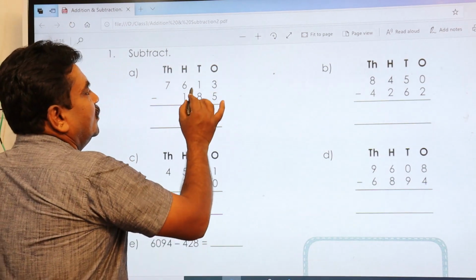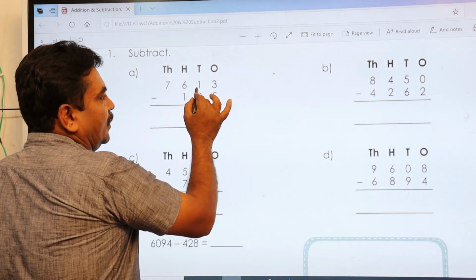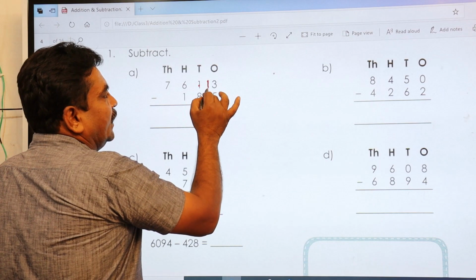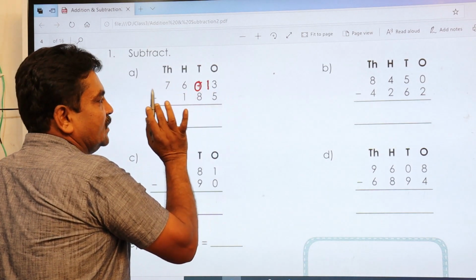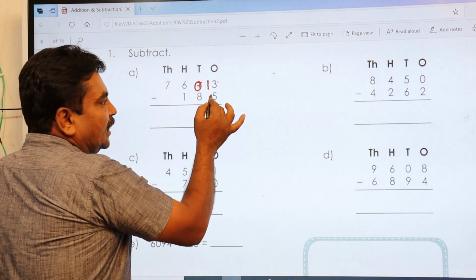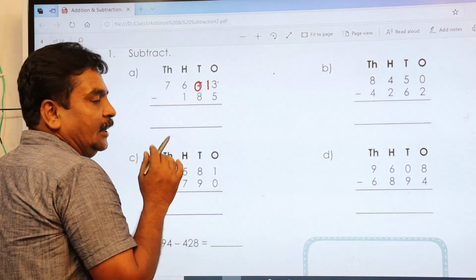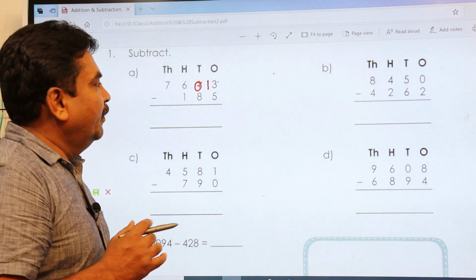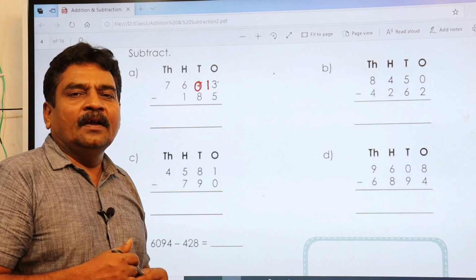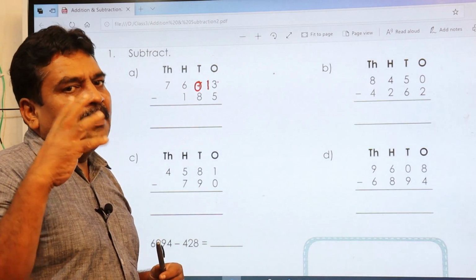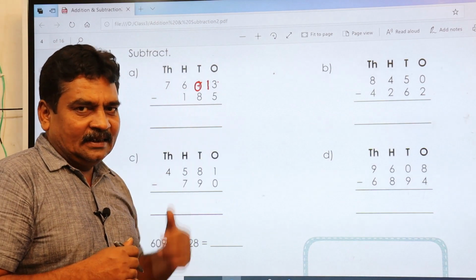So that's why you carry one number from the beside number. So this 1 you carry. Once you carry this one, it becomes 0. Keep it as it is. First we will do this. 13 minus 5 is 8. I'll repeat it again: whenever you go for subtraction, take first the small value and keep in your thought 5. After 5 you start counting till you get the bigger value, that is 13 in this problem.